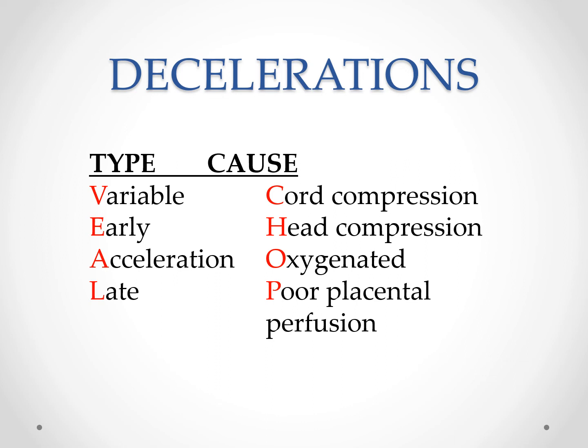But overall, it's poor placental perfusion, and it's an alarm for us. And acceleration, again, we just threw that in so it would make a nice word, means that they are well oxygenated. So again, a way to remember your decelerations is by using the acronym VEAL-CHOP.